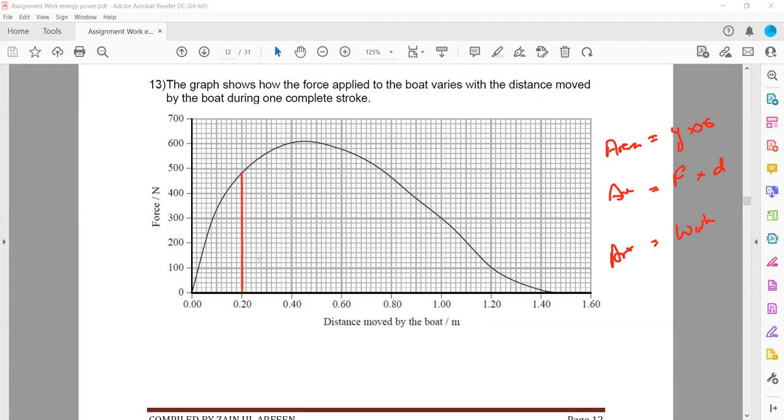First draw equally spaced vertical lines, then equally spaced horizontal lines. And first we will count the complete boxes.